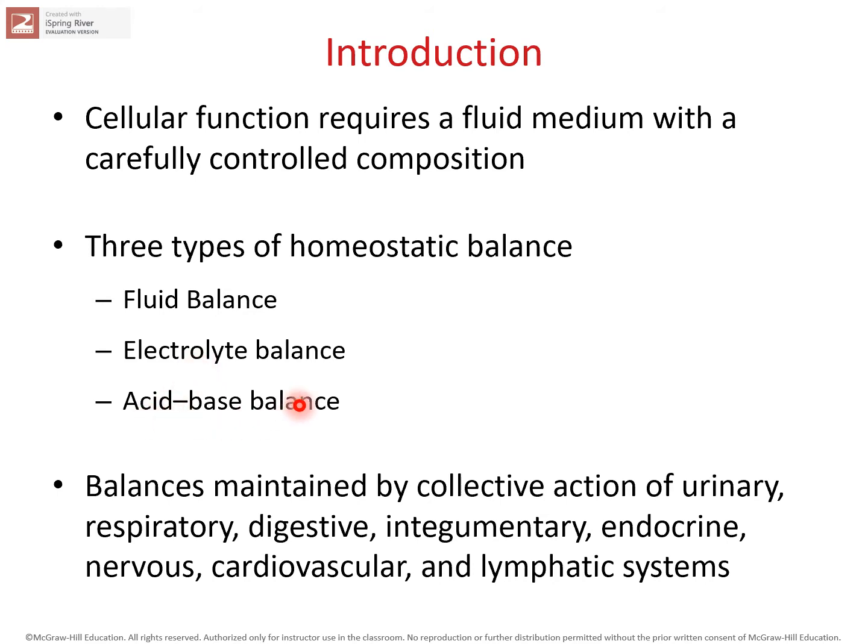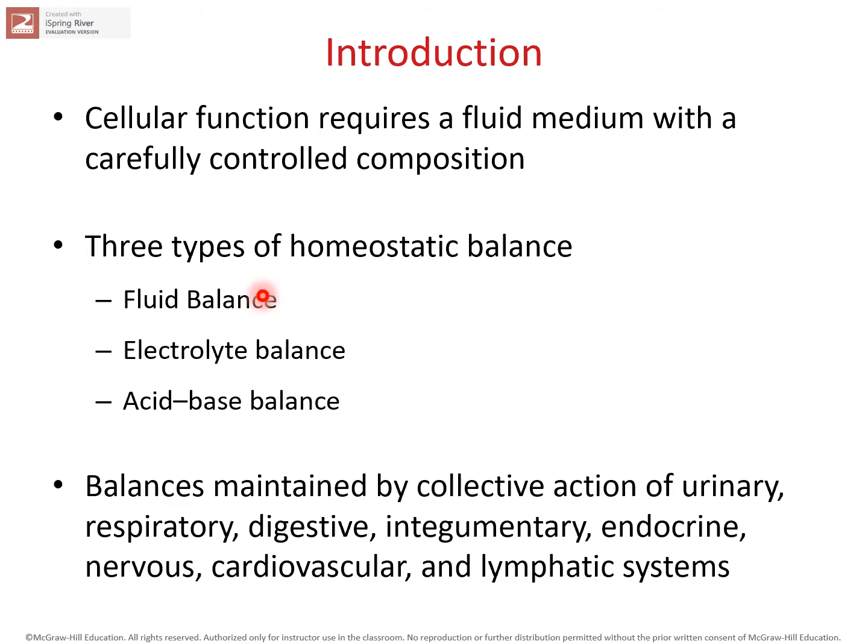Now, acid-base balance is also extremely important because the cells in our body function at an optimum pH, which is in between 7.35 to 7.45 in the range.